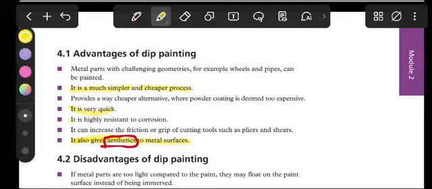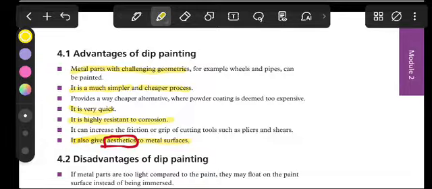It is highly resistant to corrosion, which is nice. It can paint challenging geometric metal parts, the deep parts which are difficult for you to paint, but this one can paint.